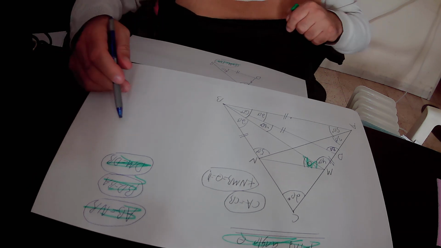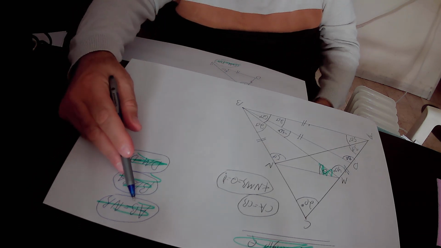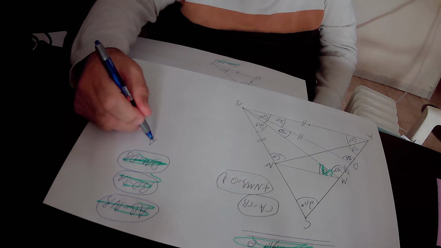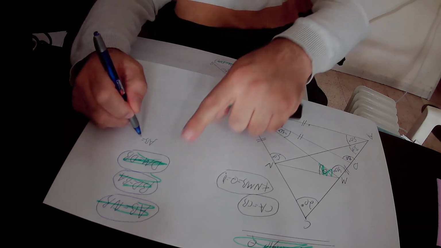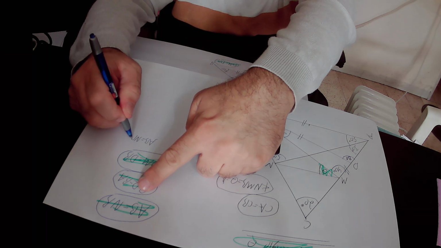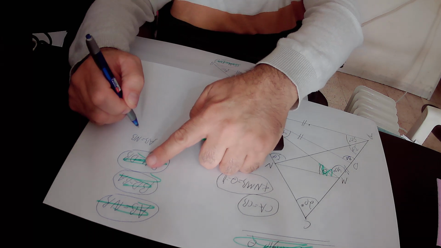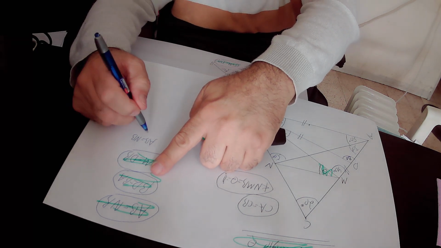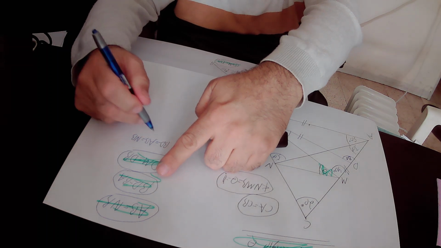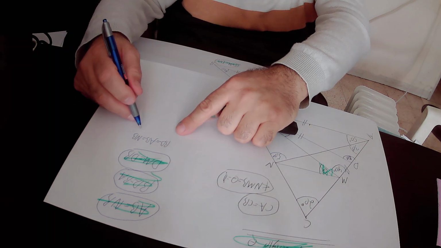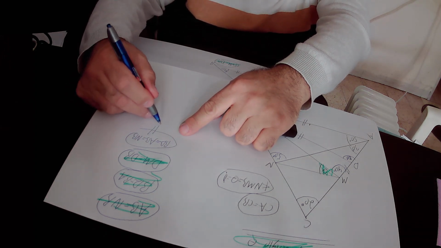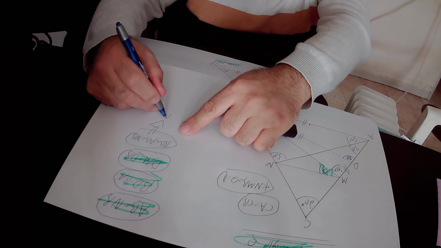Here we have side AB equals side NB. But AB also equals BD, so we can write here that AB equals BD, and from this equation, BD equals AB equals NB, we derive that BD equals NB.